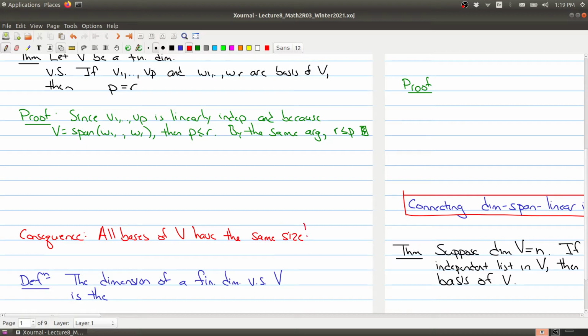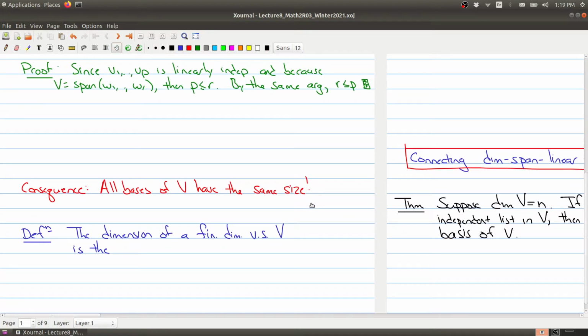Because they always have the same size, we can give a name to that number, and that's the dimension of your vector space. So the dimension of a finite dimensional vector space is the length of any basis of V, and this number is denoted dim V.